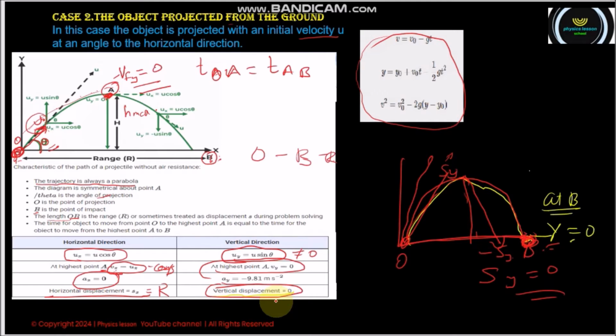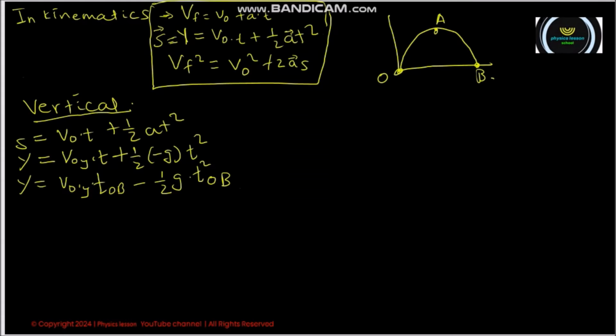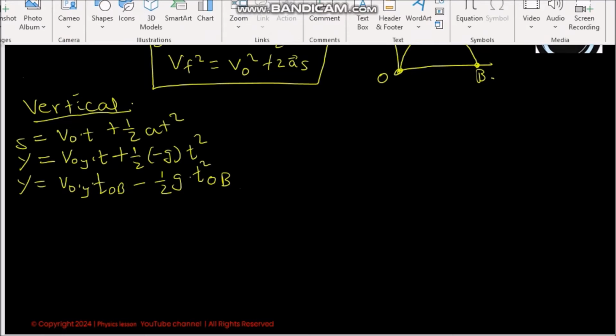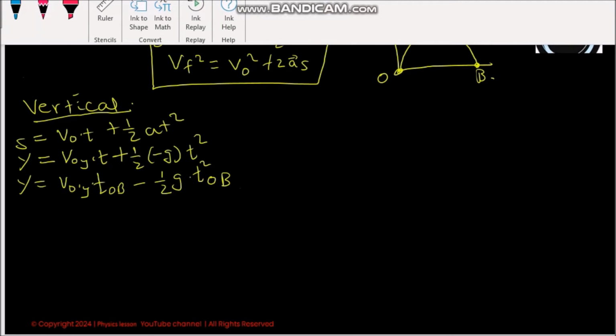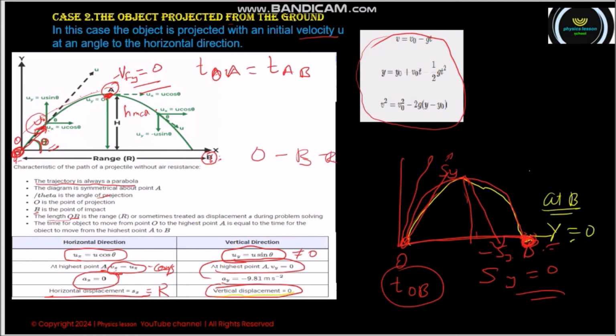We are finding the time O to B, in our case. Now let's change this one. That means here vertical displacement means we have the y.